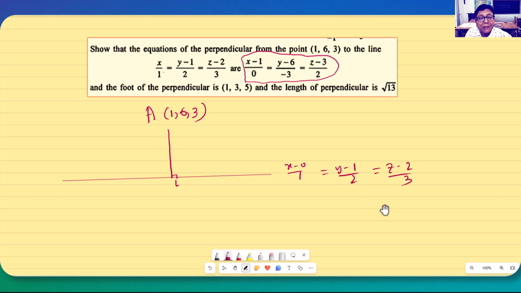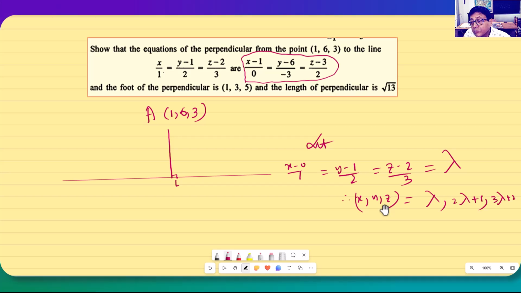We go by that method only, which I have explained already. So you take a point L on the line. How? You take this equal to lambda. So x, y, z for this line is going to be: x is lambda, y is 2 lambda plus 1 and z is 3 lambda plus 2. Okay?